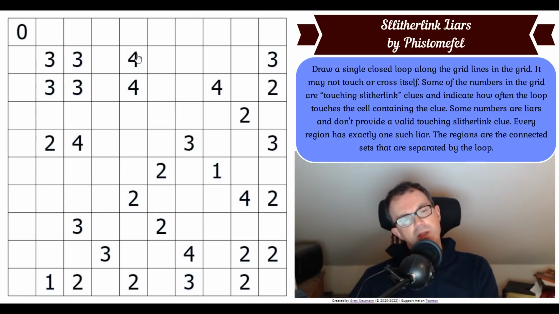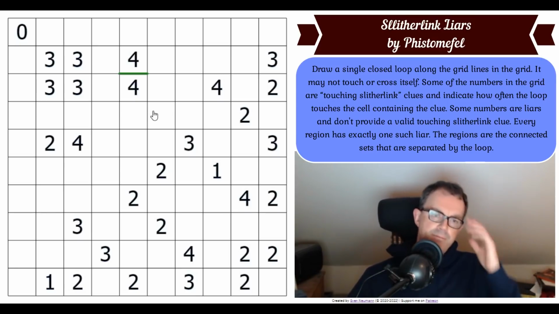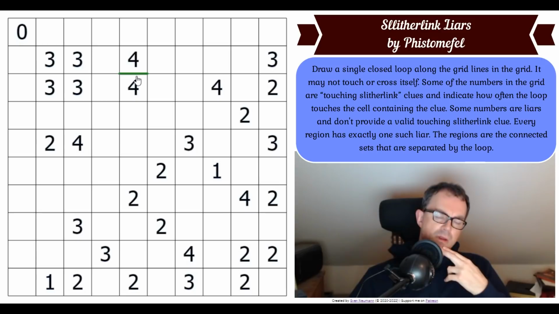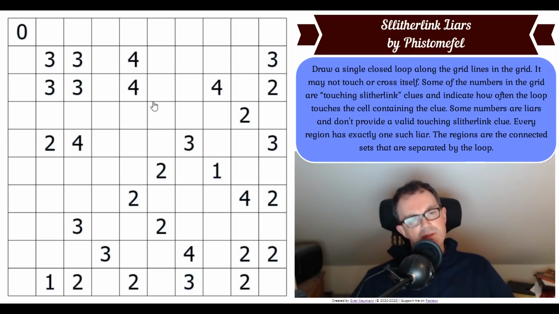So if they are both incorrect, they have to be in different regions, and you'd have to draw that line. That's if they're both incorrect. Wow, okay. And if you draw that line, well, they're clearly both incorrect now. Okay, yeah, so because you can't make either 4 work. So again, that would be an interesting line to know existed in the puzzle.